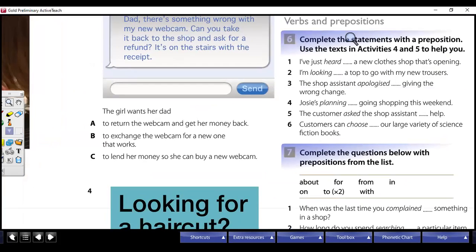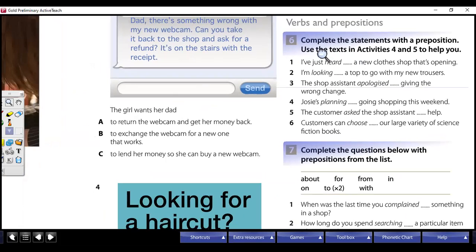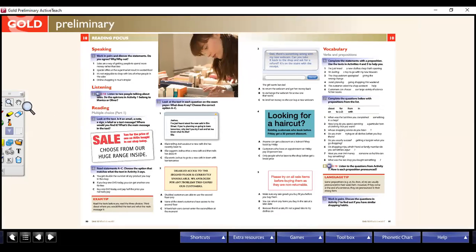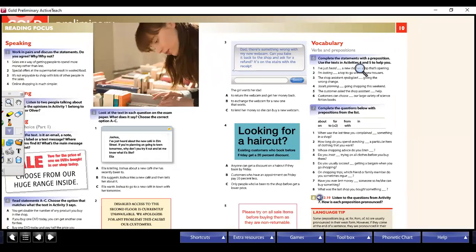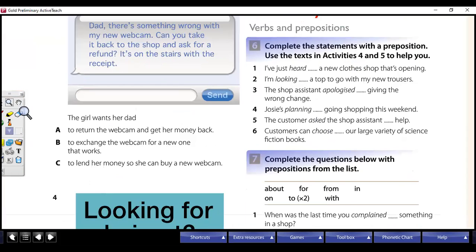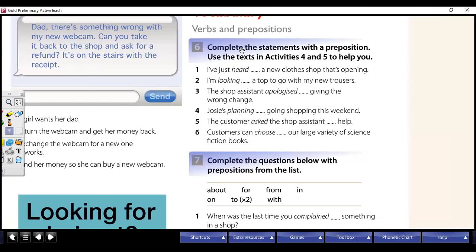Okay. It says here, this is connected with the other thing. For example, it says, complete the statements. Wait. I have something that is bothering me here. Complete the statement with a preposition. Use the text in activities 4 and 5 to help you. Yeah.